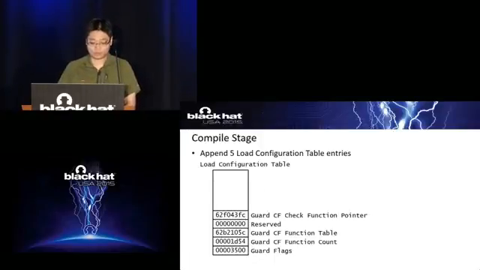When a module is compiled with CFG enabled, the compiler will append 5 load configuration table entries. The first is for the address of a function pointer, which is named the GuardCF check function pointer. And the second one is reserved. The third and the fourth define a table, the GuardCF function table.